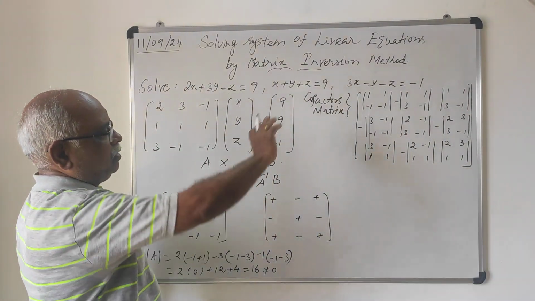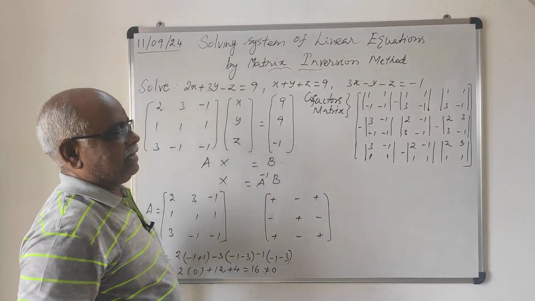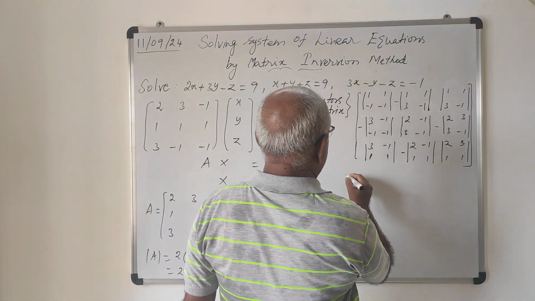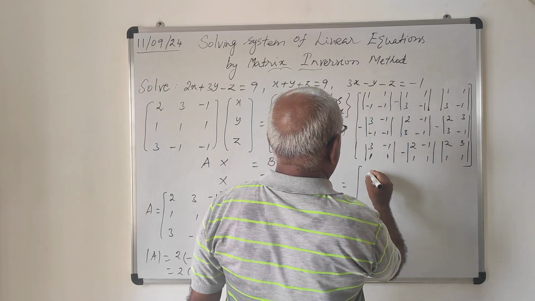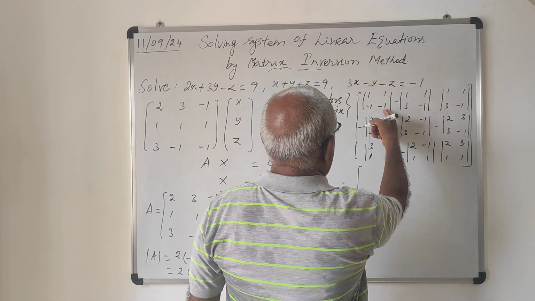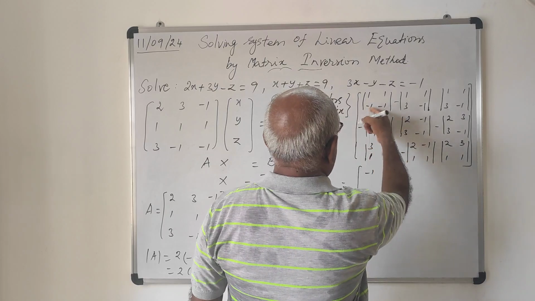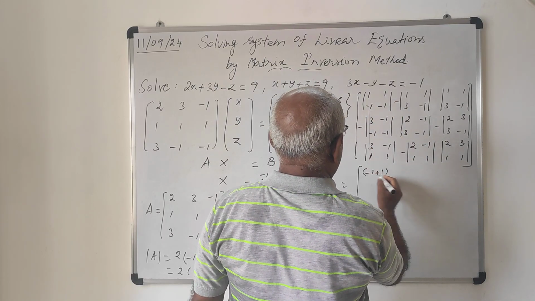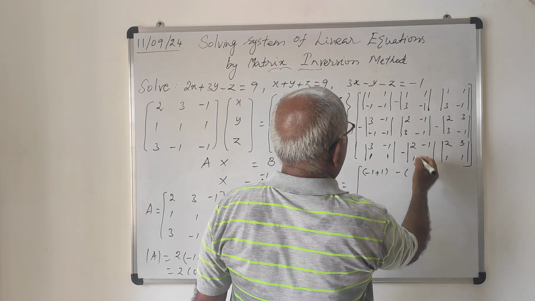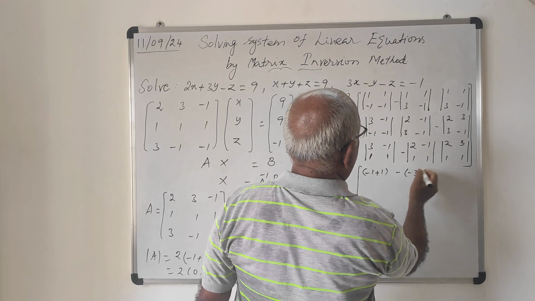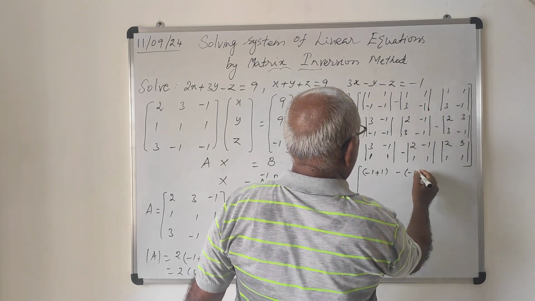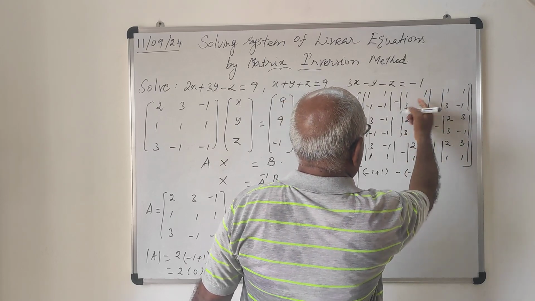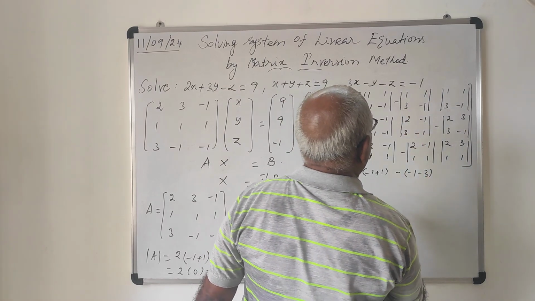These are the cofactors of the corresponding elements of matrix A. Now, simplifying, you will get again 1 into 1 minus 1, minus 1 minus of minus plus 1, again minus of minus 3 minus 1 into 1 minus 1, sorry, 1 into minus 1 is minus 1, minus 1, and 3 into minus 1 is minus 3.